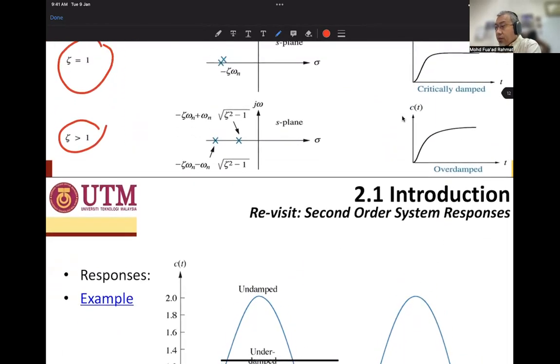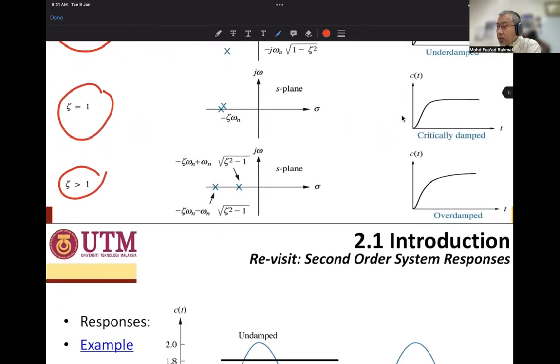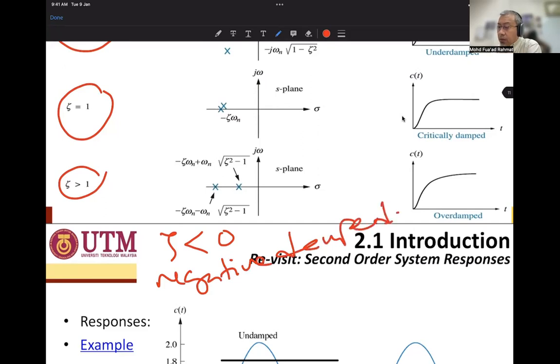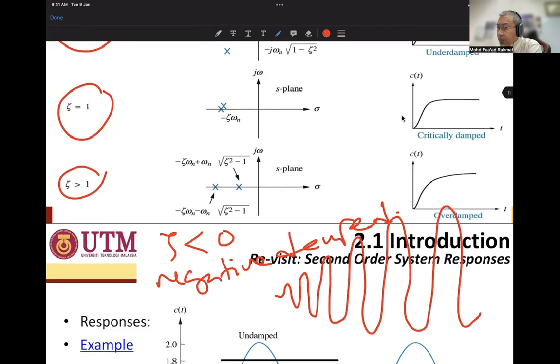There is another one, where zeta is less than 0, which is negative damped. It's not listed in the book because negative damping always relates to an unstable system, and the response oscillates and becomes bigger as time goes towards infinity.